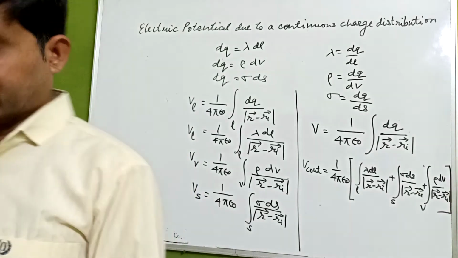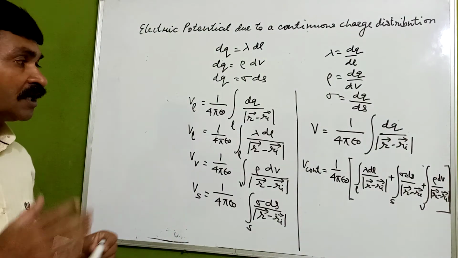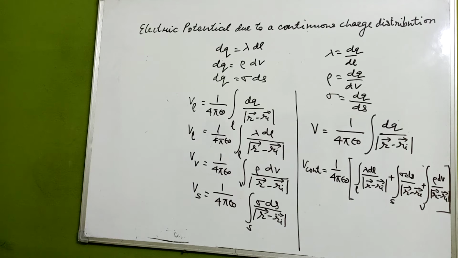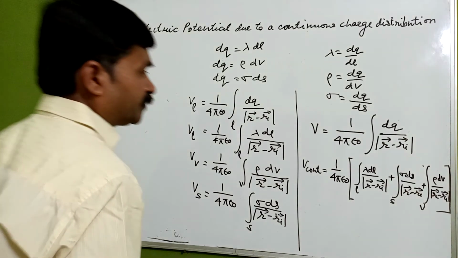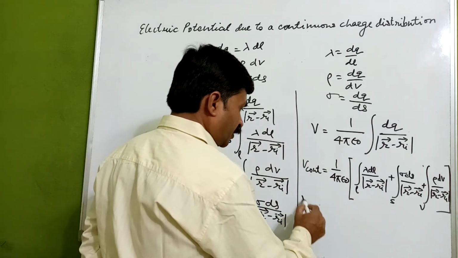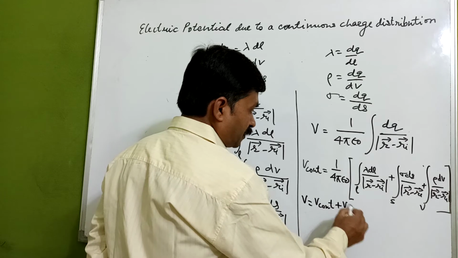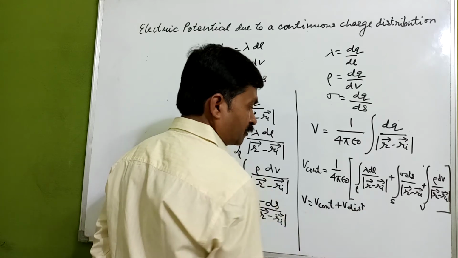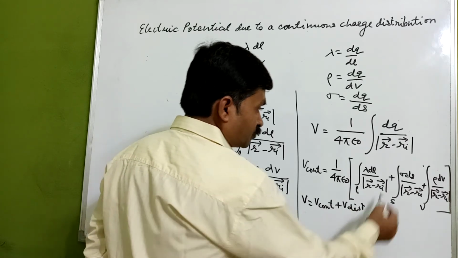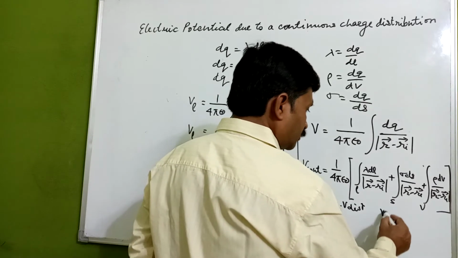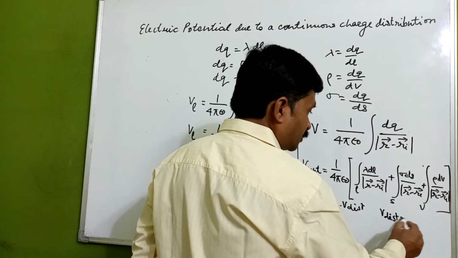So here we have got the continuous charge distribution. Now if we go with the total electric potential, there will be another term: continuous charge distribution plus discrete charge distribution. So we can add the discrete charge distribution here. What will be the discrete charge distribution?